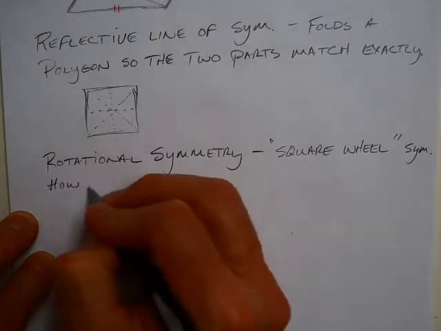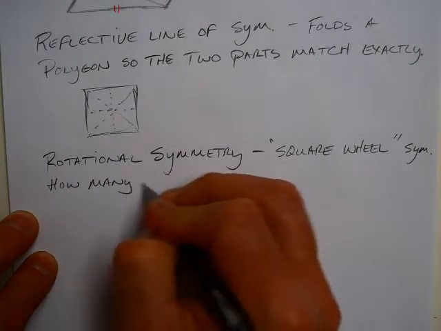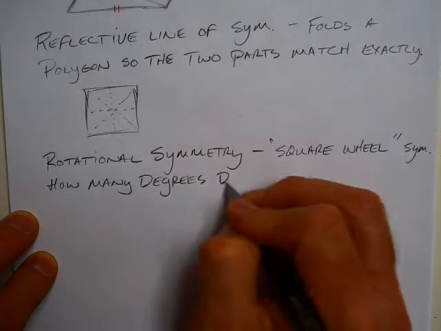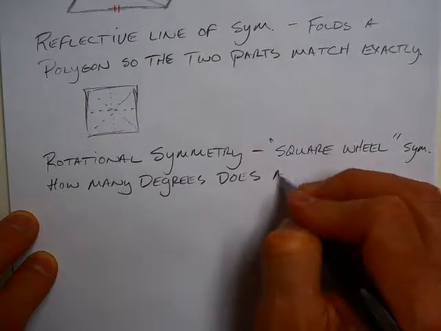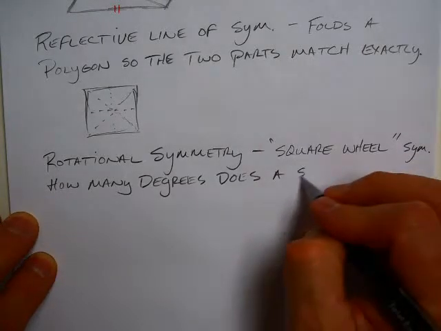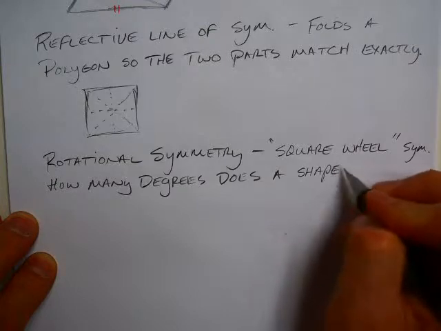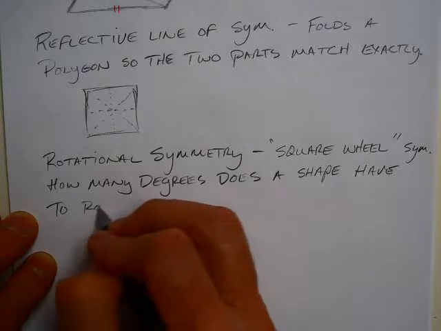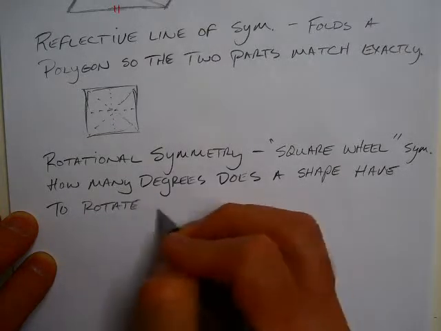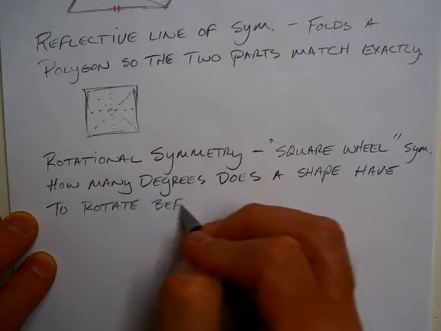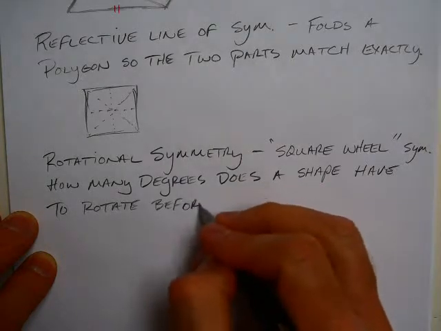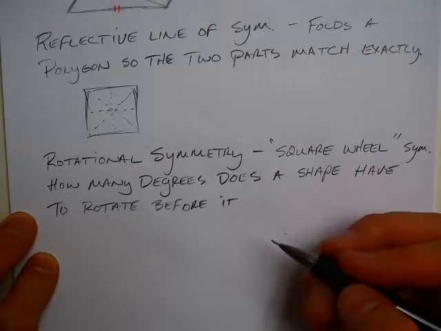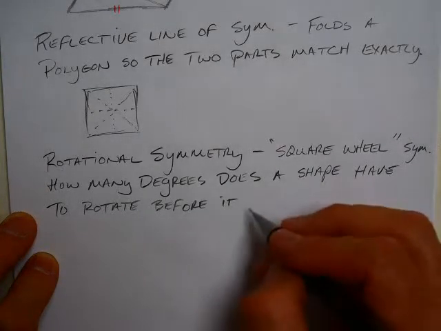So how many degrees does a shape have to rotate before it clicks onto itself? I prefer the idea of clicking onto itself.